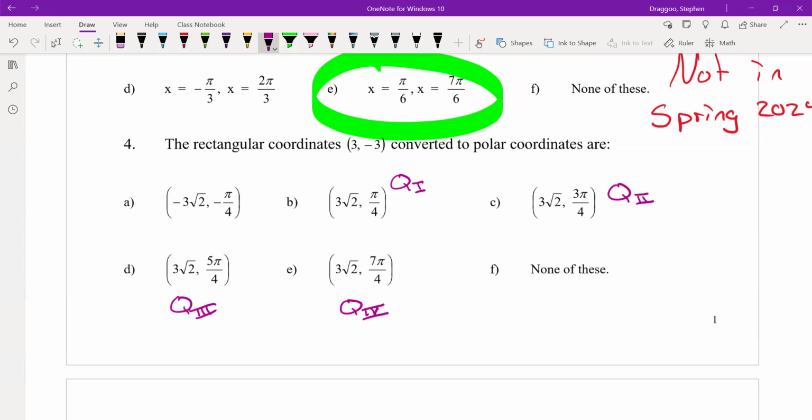And lastly, let's talk about A. Point A has a negative R value, which means we're going to be going backwards along whatever angle we have. And negative pi over 4 is just an angle I can plot somewhere in space. I would start by going to the 4th quadrant, because that's where negative pi over 4 is.